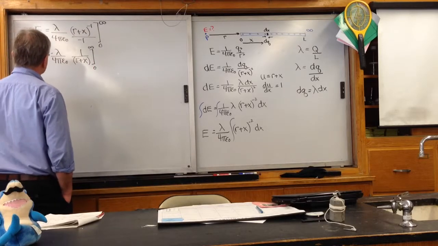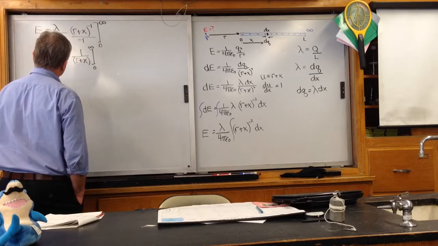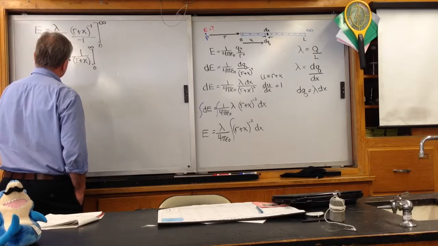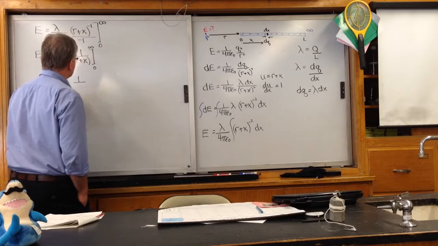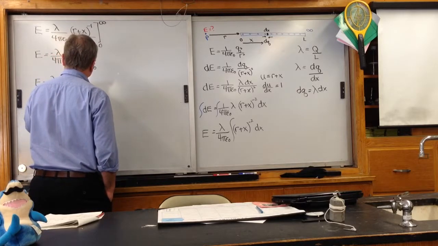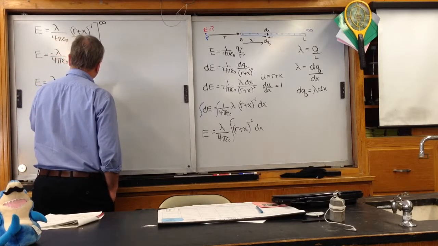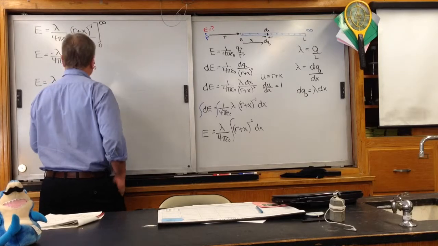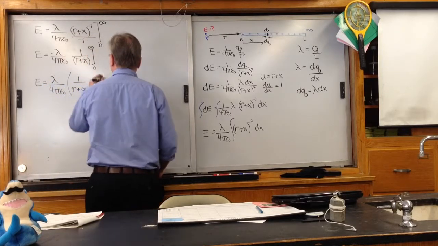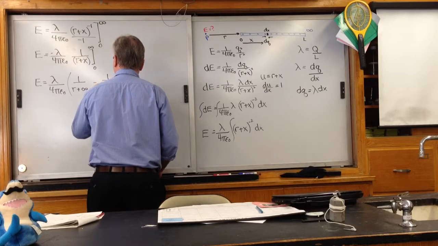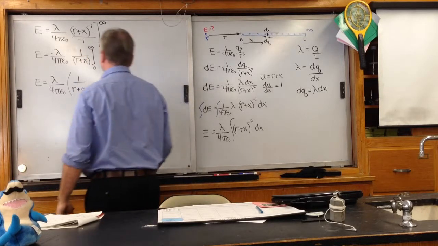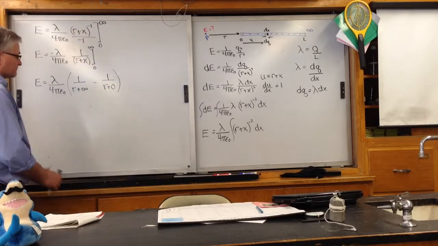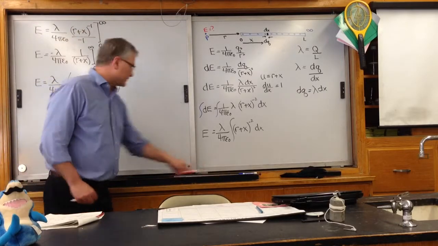So E is going to be equal to lambda over 4 pi epsilon naught times 1 plus, 1 divided by r plus infinity, minus 1 over r plus nothing. Okay, so we end up with this. All right, now, obviously speaking here, I'm sure this happens in calc all the time.